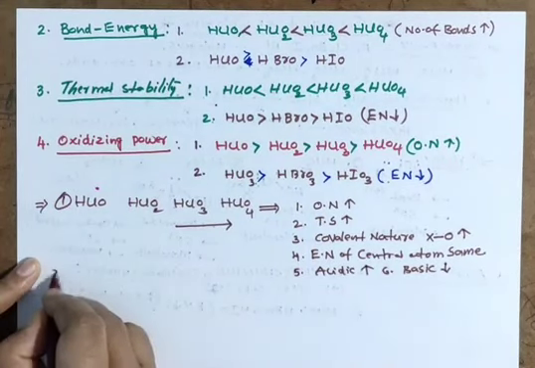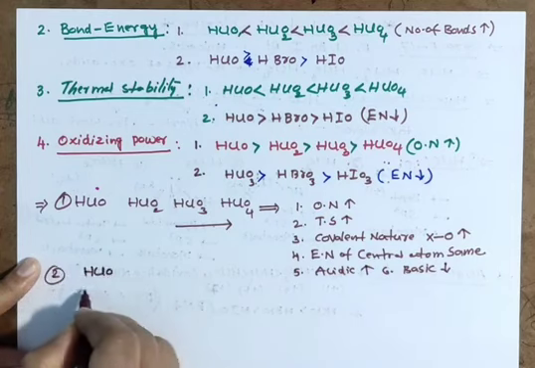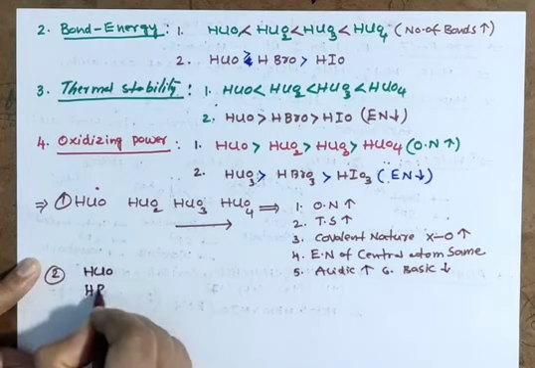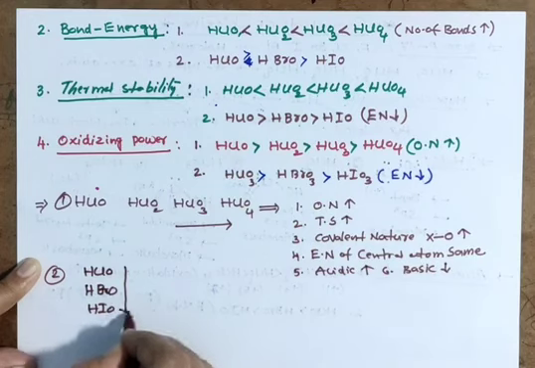Same I am giving here to you: HClO, HBrO, HIO. Now down the group. This is left to right. This is down the group.